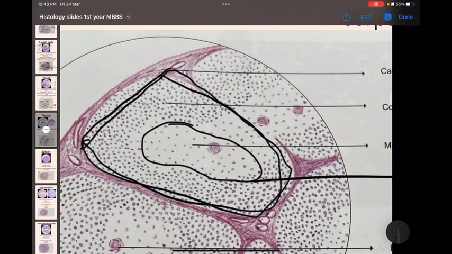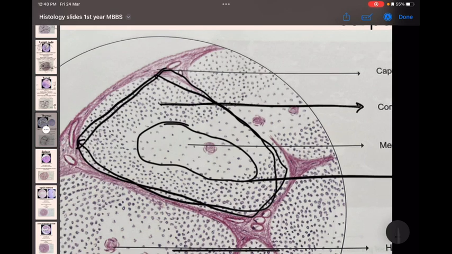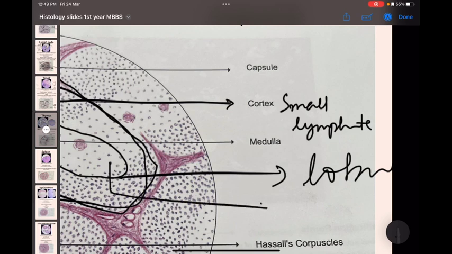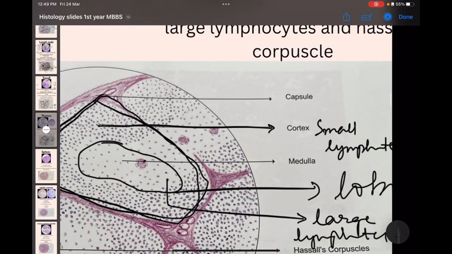Here the peripheral cortex is densely packed and contains small lymphocytes, whereas the central medulla contains large lymphocytes and contains the Hassall's corpuscles.